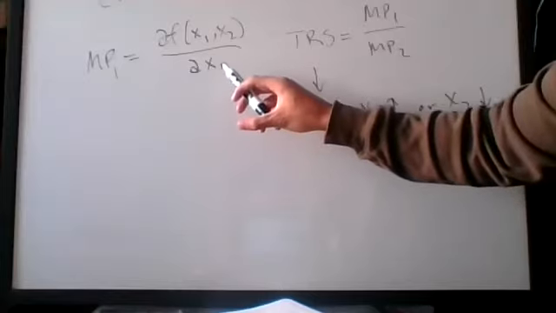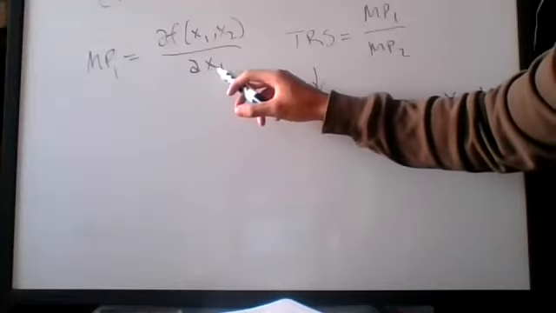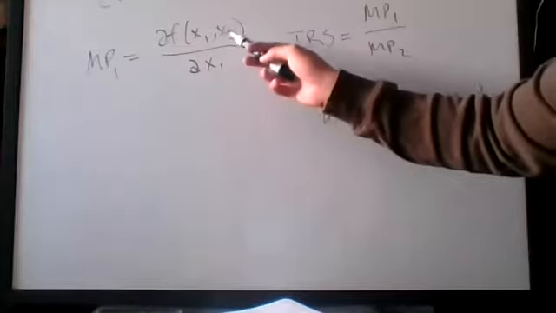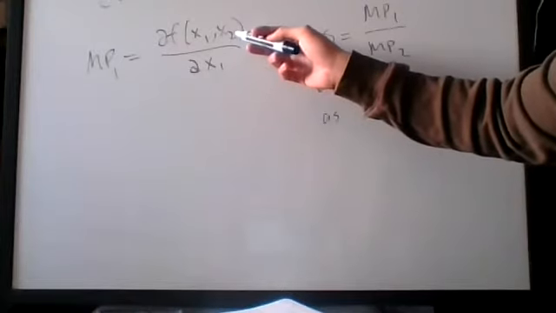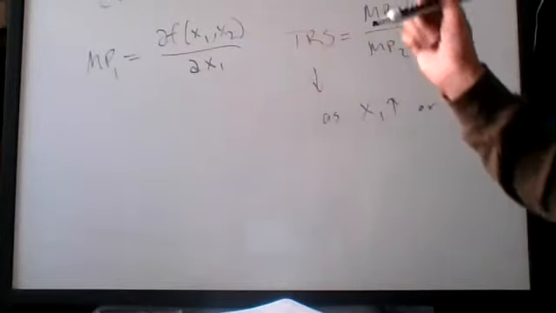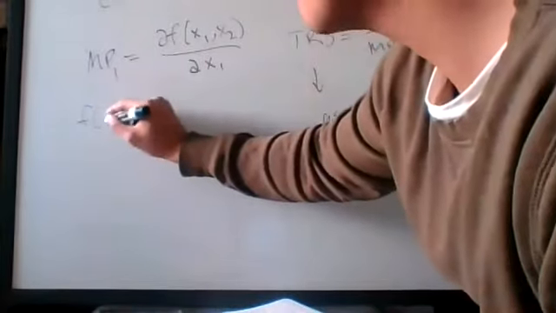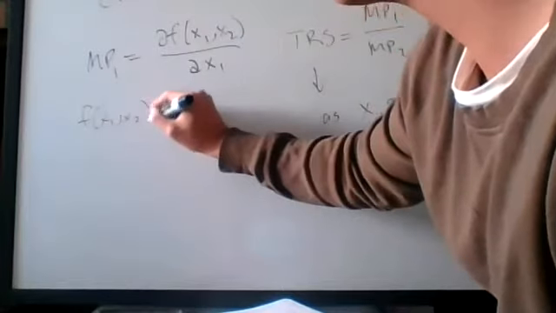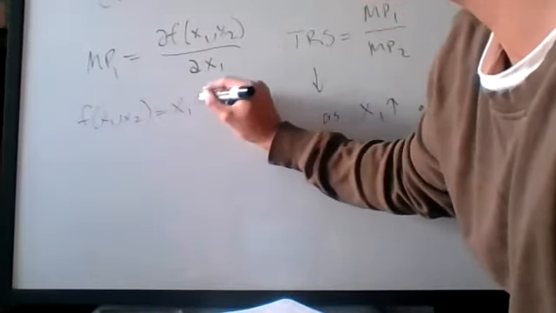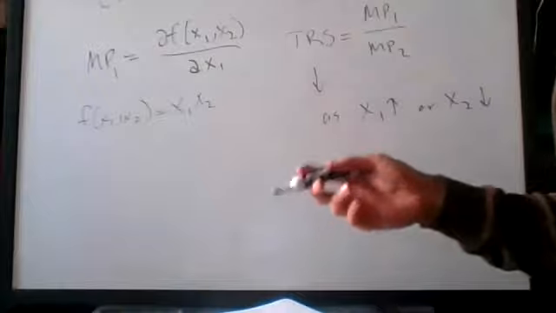Because increasing x1 is always going to increase my level of production, right? So let's say that, just for a quick example, let's say that f of x1, x2 is equal to just x1, x2, right? Because we know that this is going to have diminishing marginal products, right?